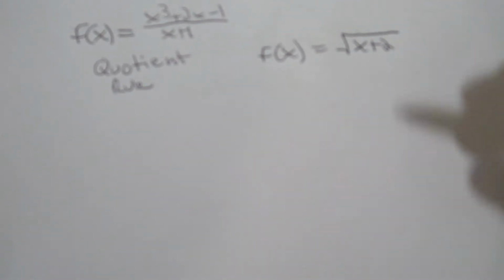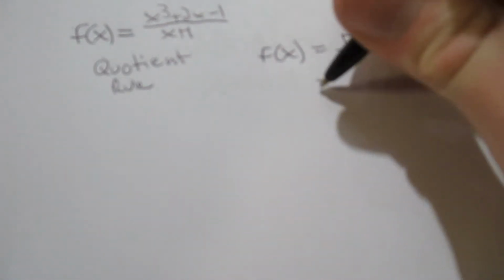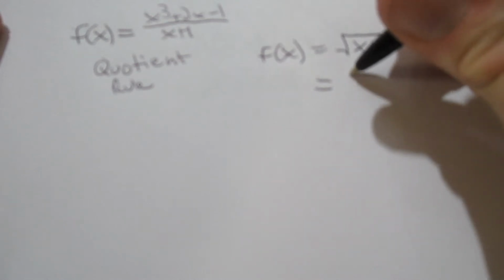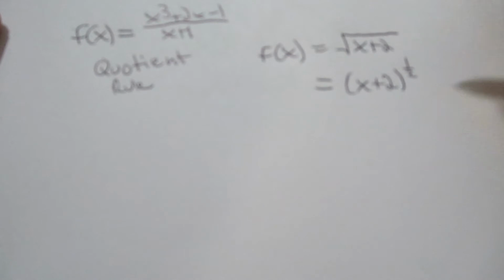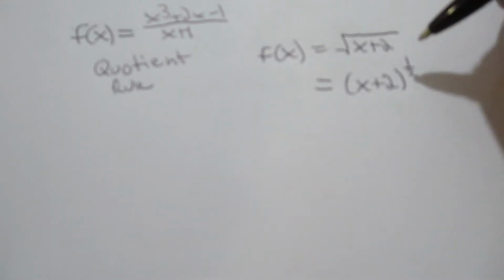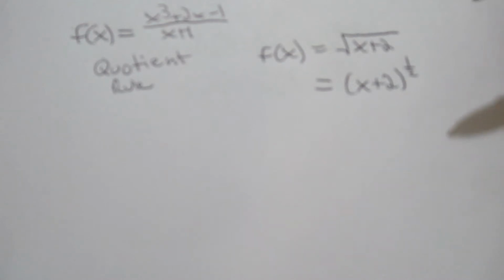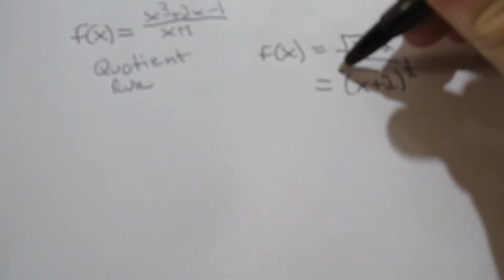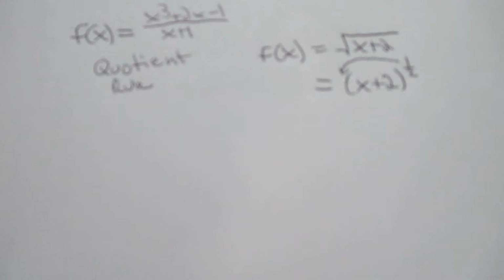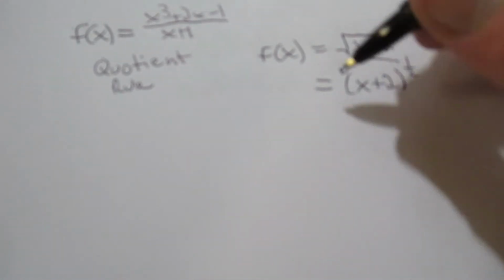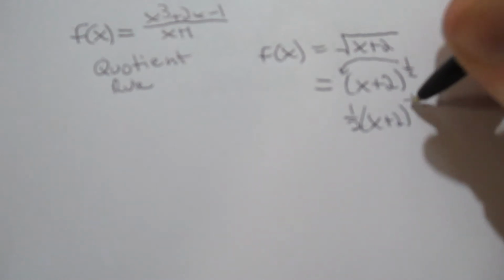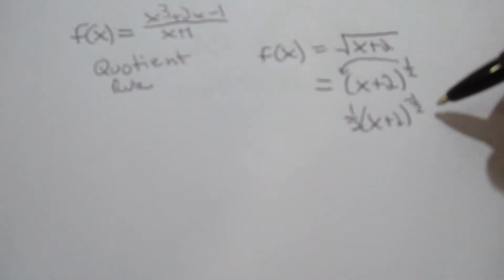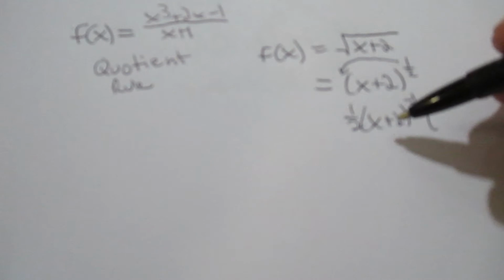And why I say that is because you can treat it as if it equals (x plus 2) to the 1/2. And if you saw that, obviously you'd say chain rule, because it's just like if there was a 2 in the exponent, you'd bring that 1/2 up front, and then you actually have to drop the exponent by 1, so you get 1/2 times (x plus 2) to the negative 1/2, and then obviously you have to multiply it by the derivative of this right here, which is just 1.